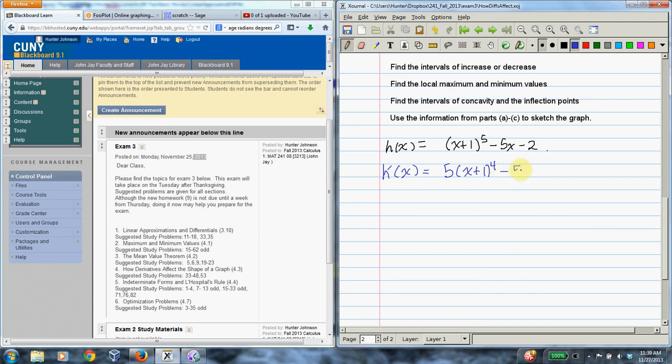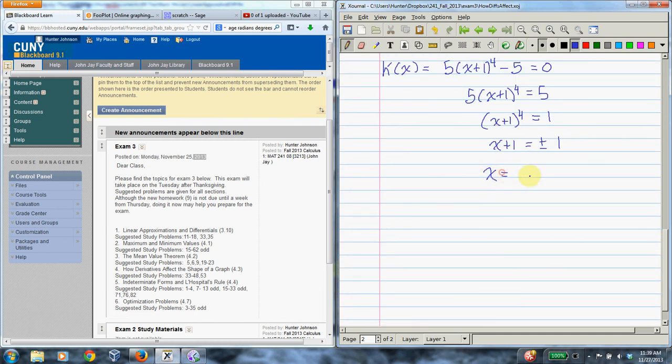And this next part becomes minus 5. So we set this equal to 0 and solve for x. So this becomes 5 times (x plus 1) to the 4th equals 5, and this means that (x plus 1) to the 4th power is equal to 1, and this means that x plus 1 is equal to plus or minus 1. So I just took the 4th root of both sides.